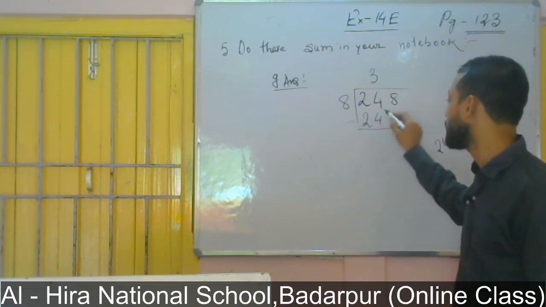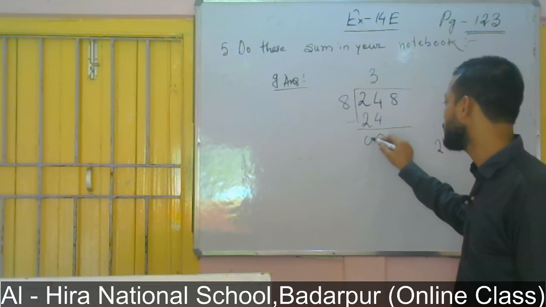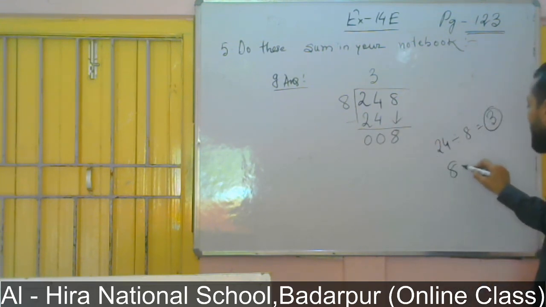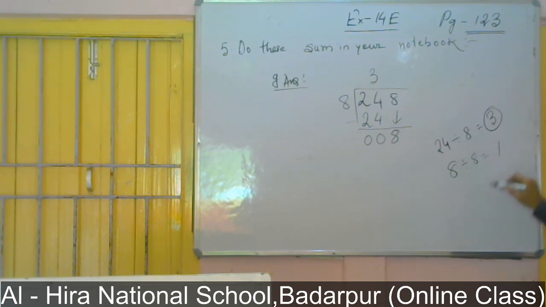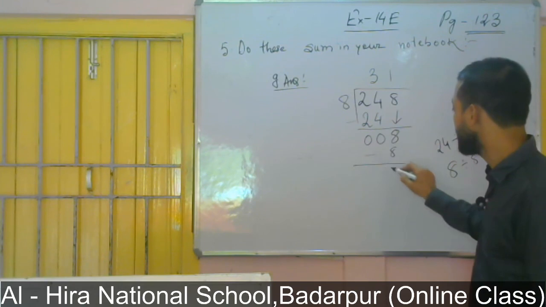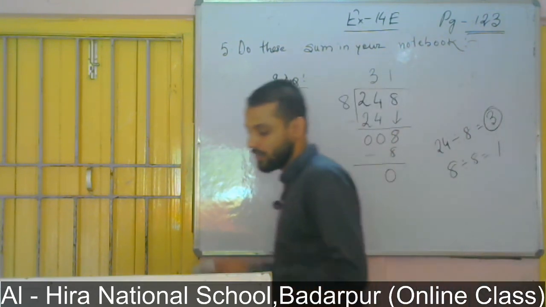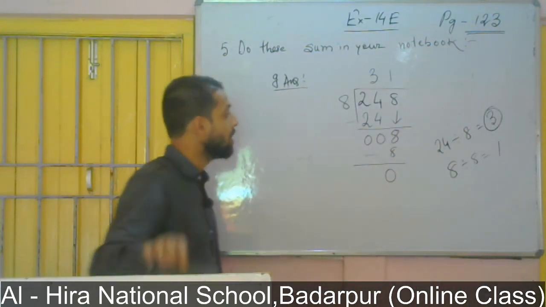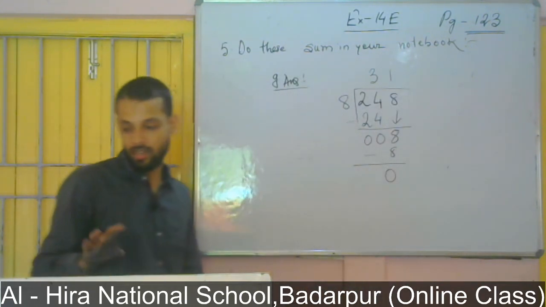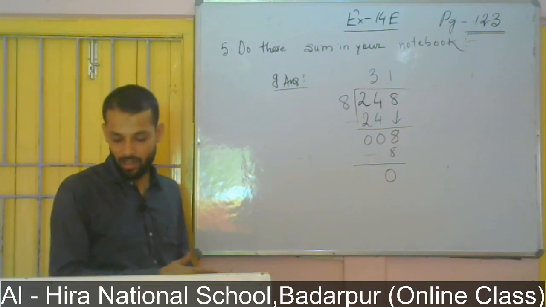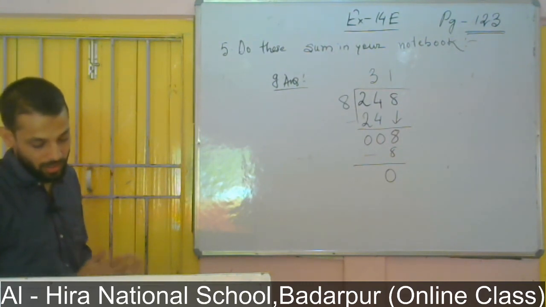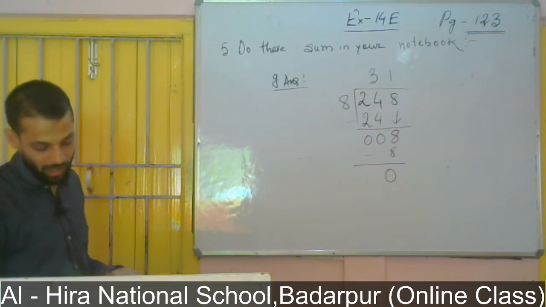Now we have to subtract. 4 minus 4 equals 0, 2 minus 2 equals 0. Bring down 8. Now we have to divide 8 by 8, which equals 1, since 8 ones are 8. Now 8 minus 8 equals 0. That means we can write there are 31 children in the group, or therefore the number of children is 31.